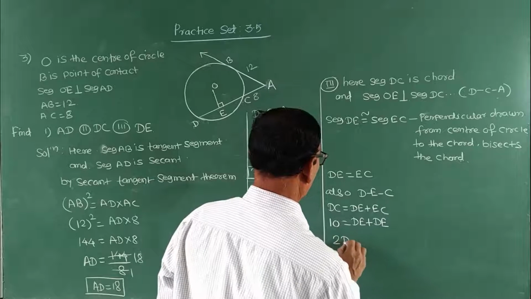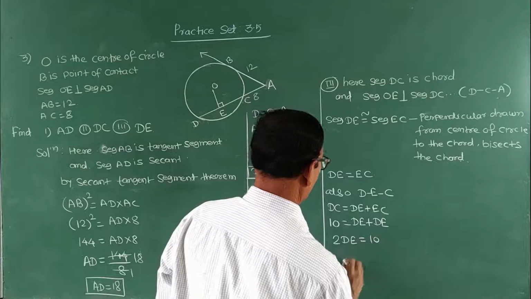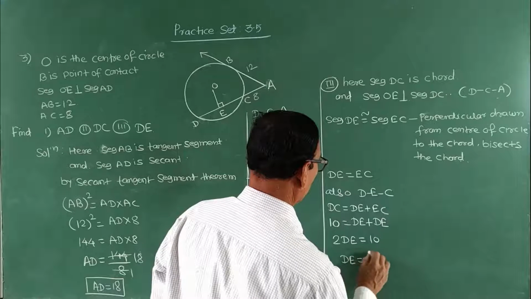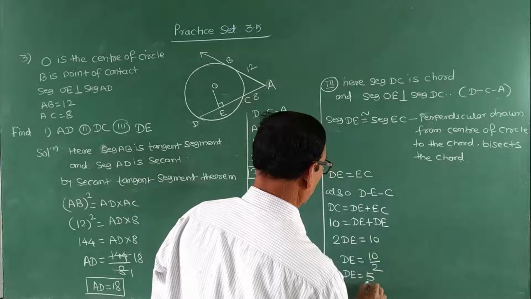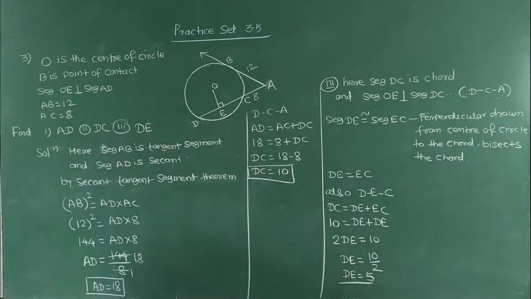So 2 times DE will be equal to 10 and DE will be equal to 10 by 2 which is 5, and this is our third answer.